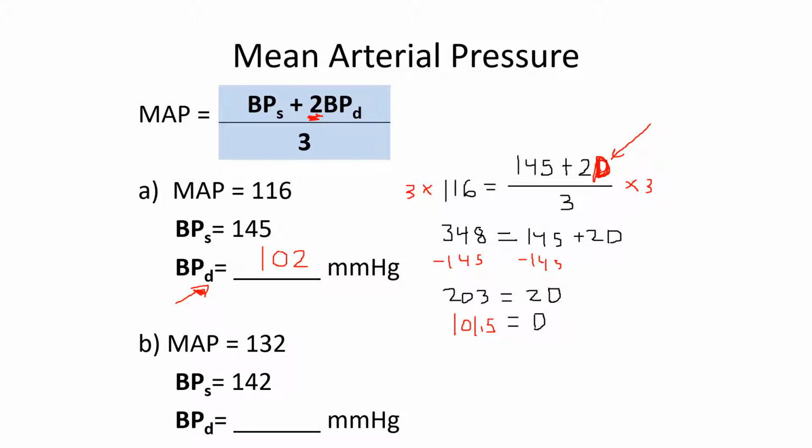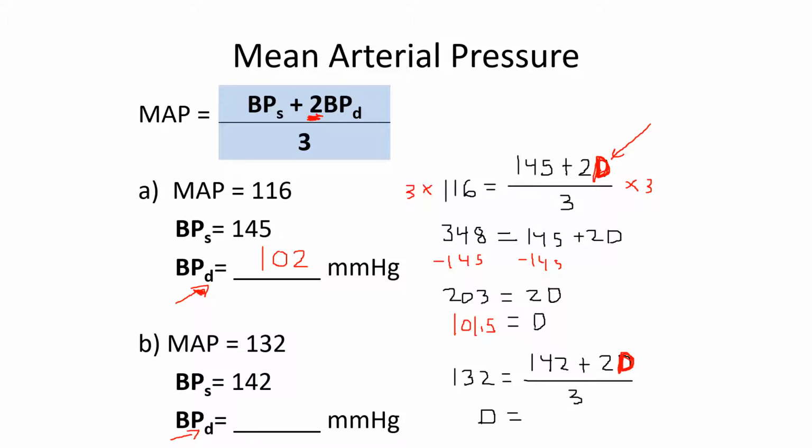All right, D. Same thing. We're looking for diastolic pressure. Don't get tripped up by that too. So plug and chug. Plug it in. This is a funny looking D right here. It's not a 0, not an O. It's your diastolic variable. So we multiply by 3 on both sides.